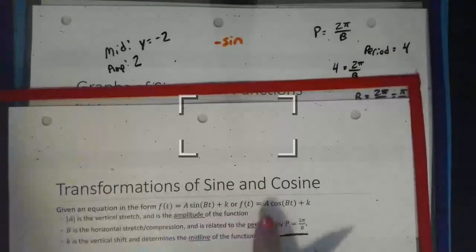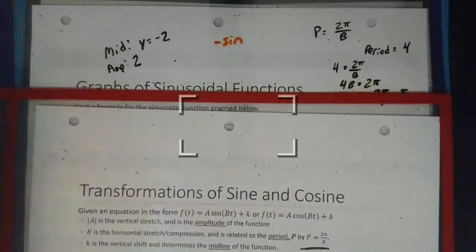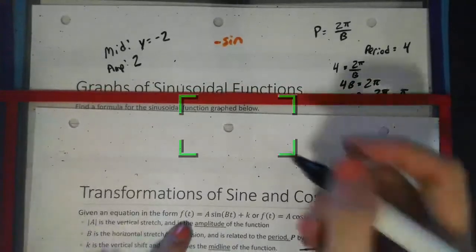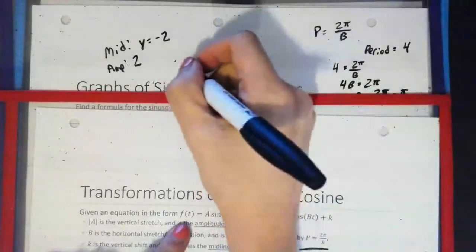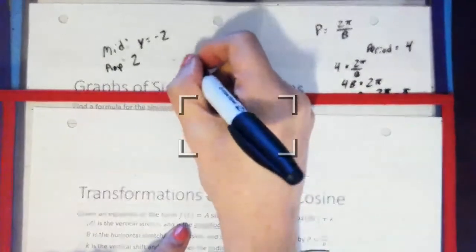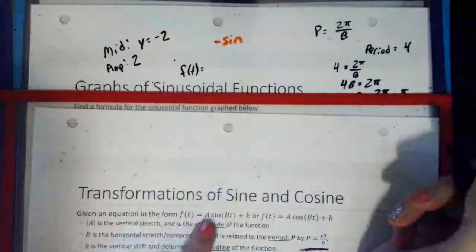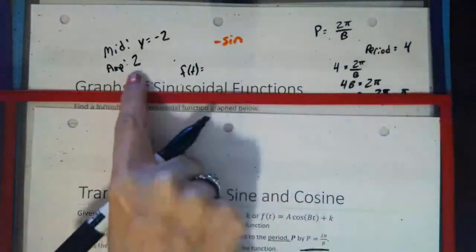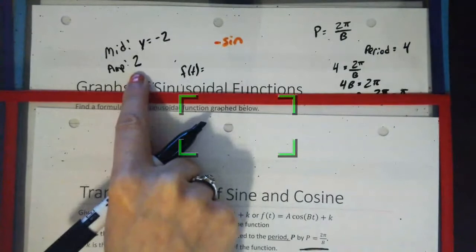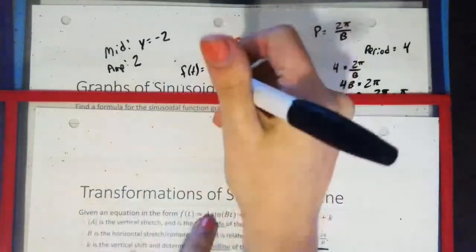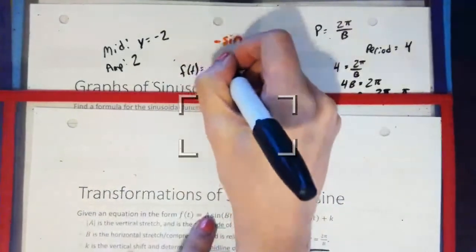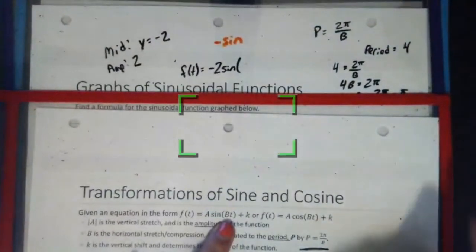Now, once upon a time, they gave us this formula written out. So let's see what this is going to look like. We're going to have f of t, or you could use y, it doesn't matter, we'll say f of t, is equal to our a value. We said our amplitude is 2, but it's a negative sine graph, so we'll put -2 times the sine of b times t.